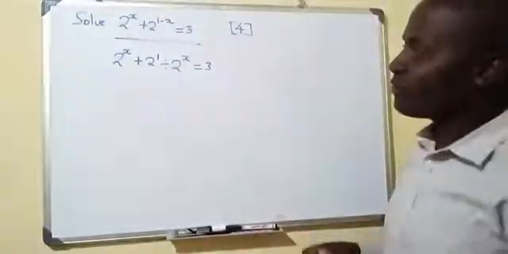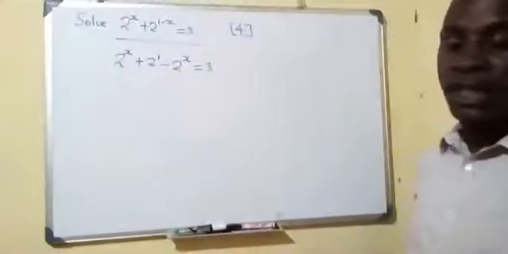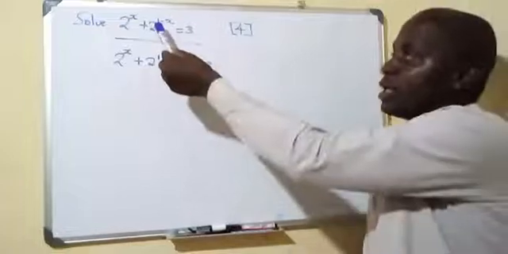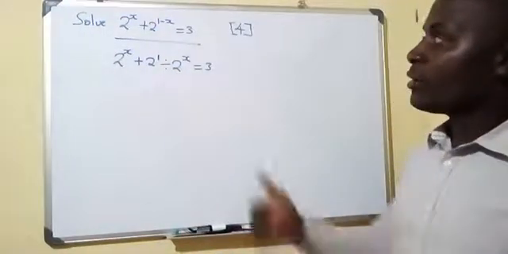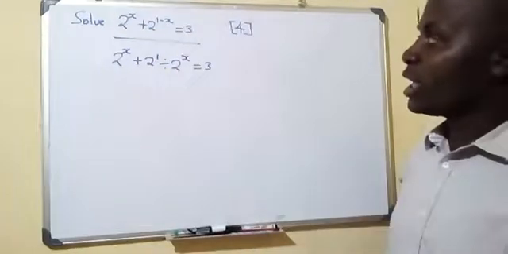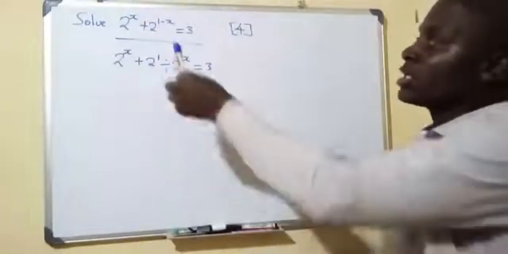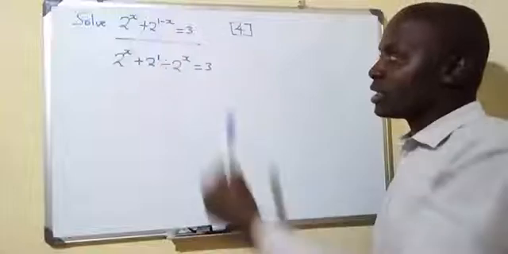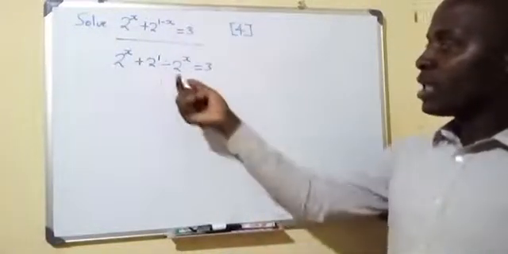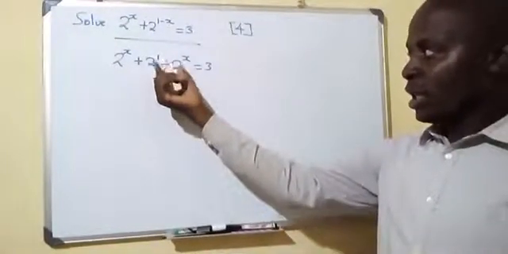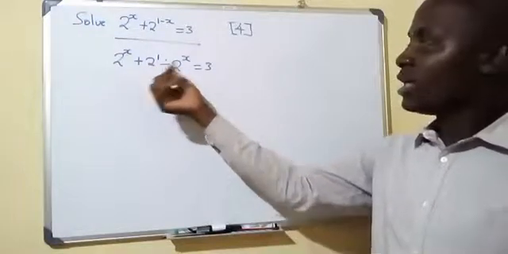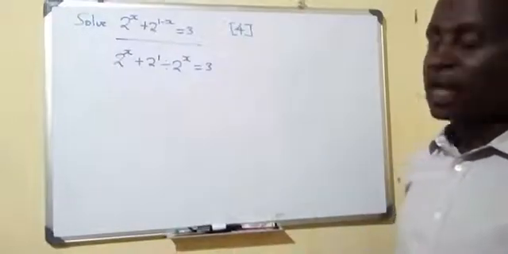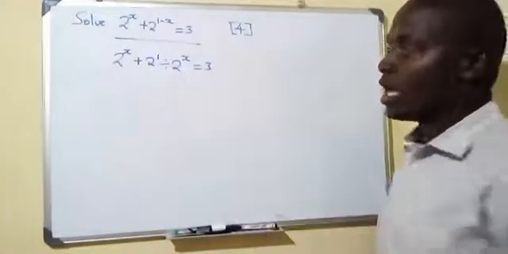The reason why I've written it like this is because when the powers have a negative sign, like in this case we have 1 minus x, this means that the terms had a common base and a division sign. The bases were the same and they had the division sign.